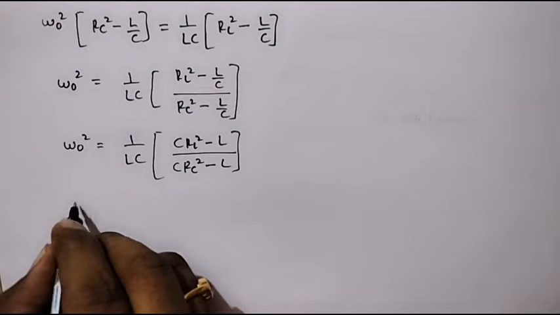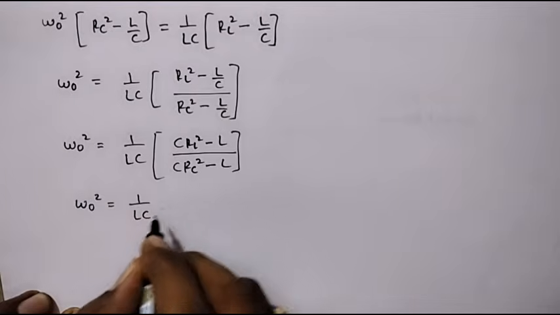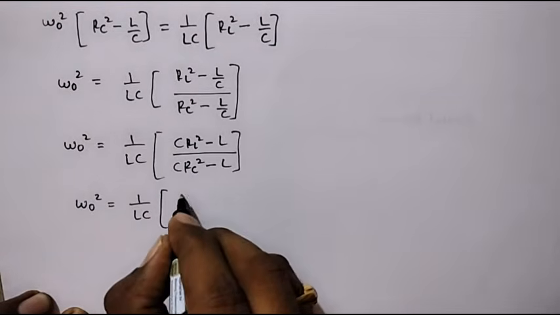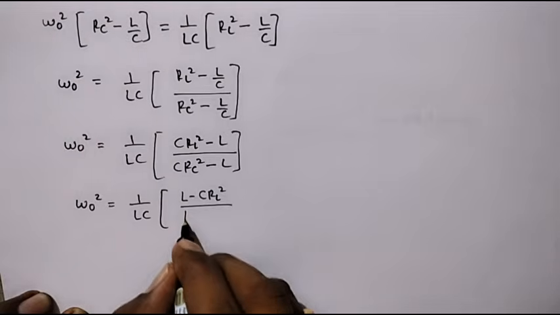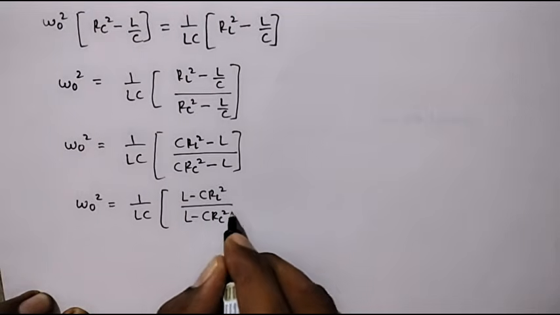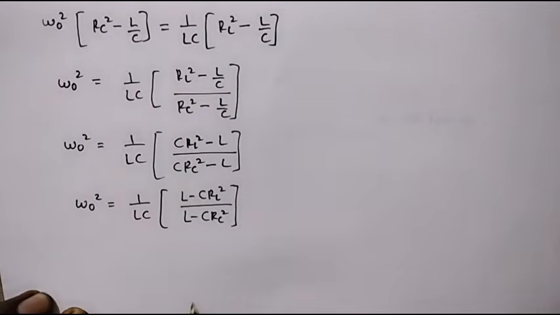So this equation can also be written as omega naught square is equal to 1 over LC into (L minus C RL square) divided by (L minus C RC square). It is the same.